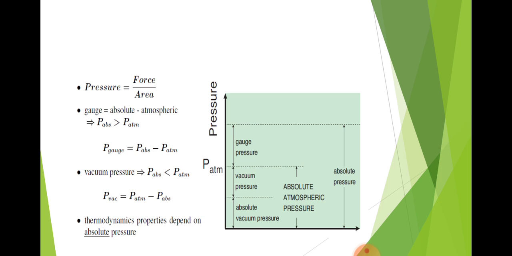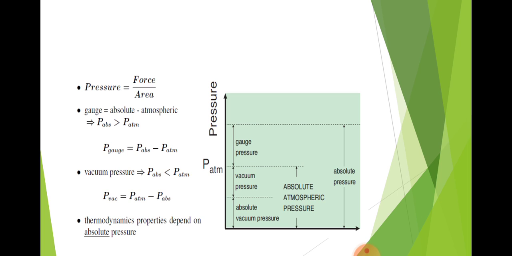The reading of the pressure gauge is called the gauge pressure, and the absolute pressure of the steam within the boiler is therefore equal to the observed gauge pressure plus the atmospheric pressure. As I said, the pressure gauge attached to the vessel indicates the difference between the pressure inside the vessel and the pressure of the atmosphere.